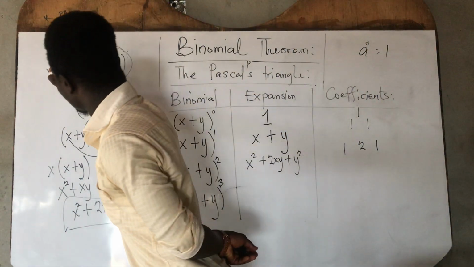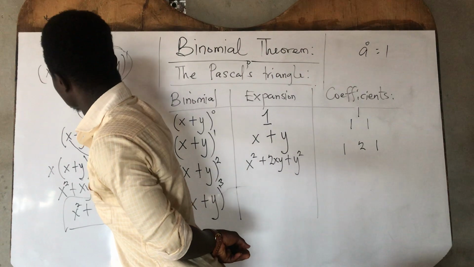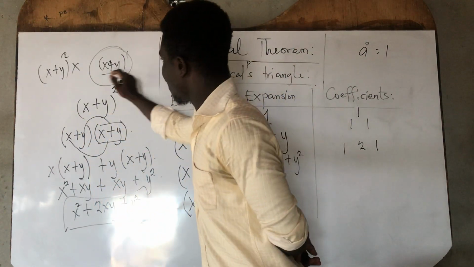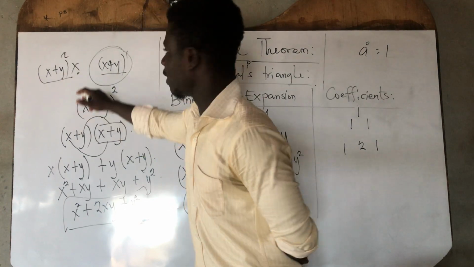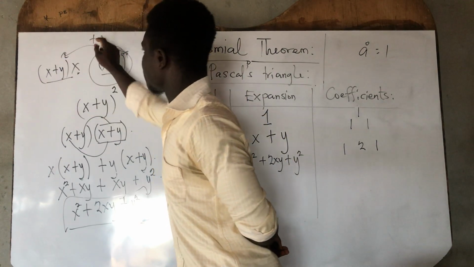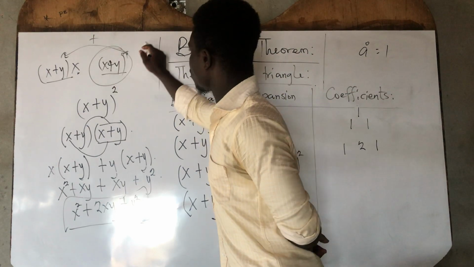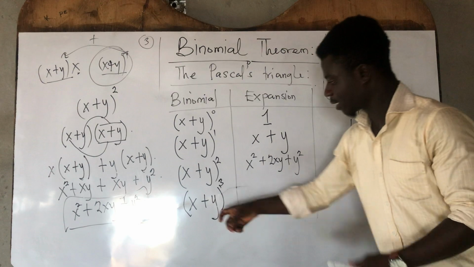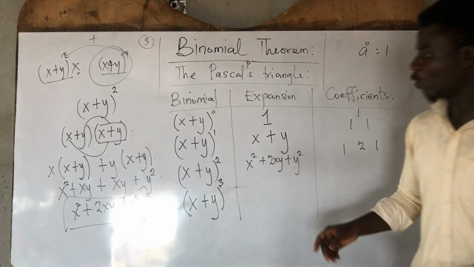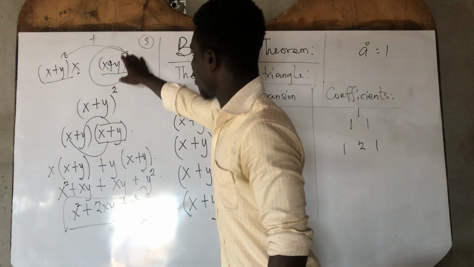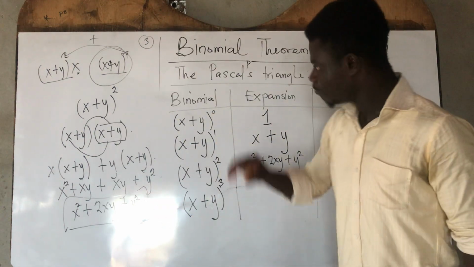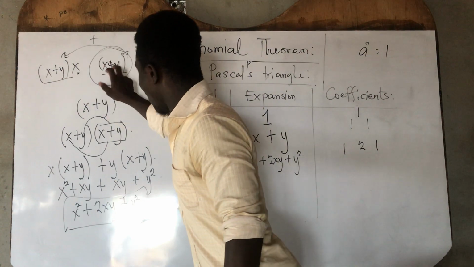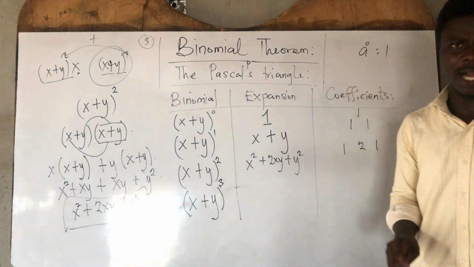Because if you have x plus y to the power 2 times x plus y to the power 1, since they have the same base and they are multiplying, you can add the powers, which is 2 plus 1, you get 3. So we get back to this expansion here. So x plus y all squared, you use this expansion and multiply it by x plus y.